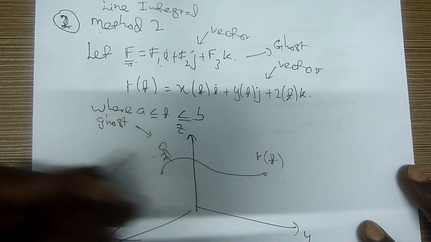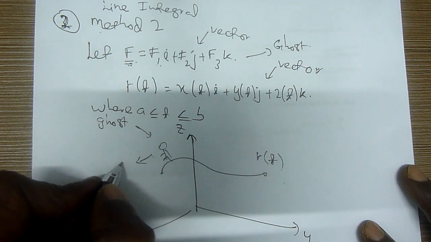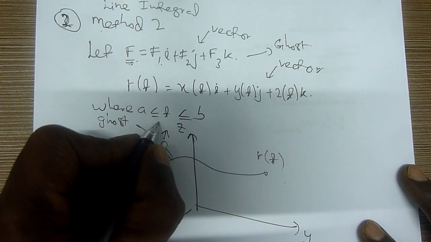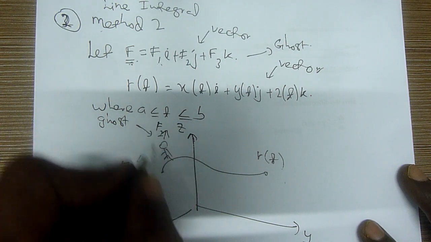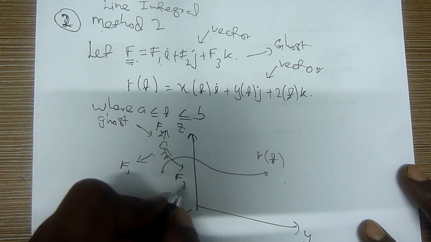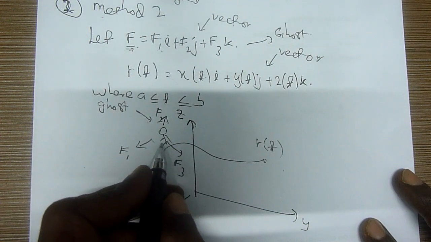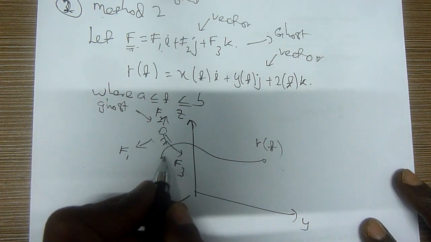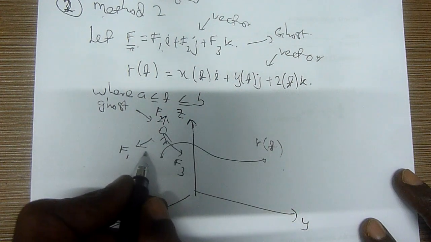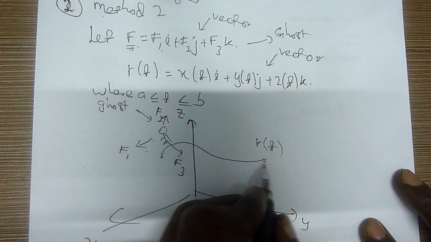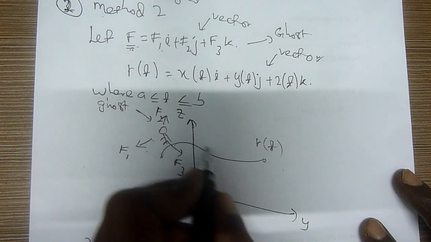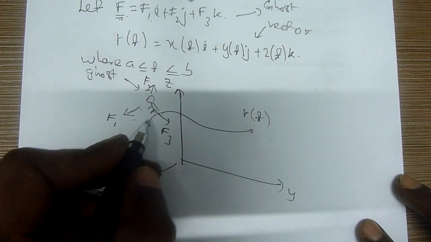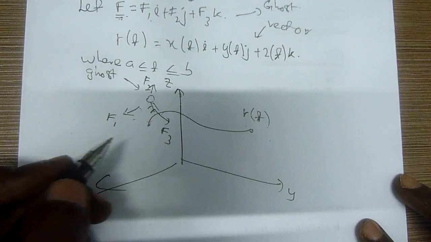F1 could be in any direction, no problem. I just wanted to tell you, this could be in this direction, F2, and it could be F3. When the ghost moves on this line, it may give a certain impact to the other object. Later we'll know why.